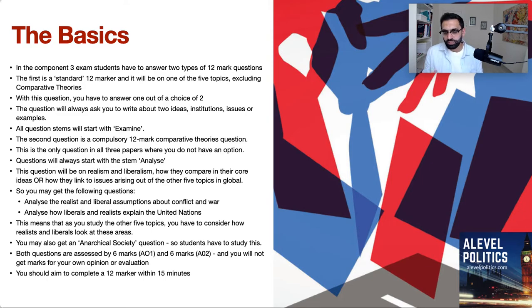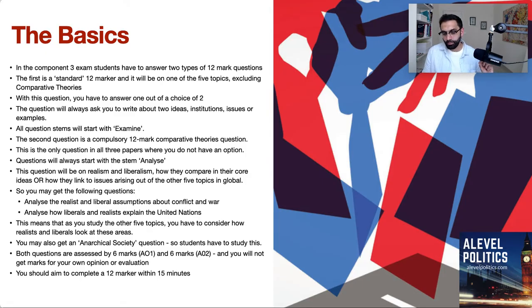Sometimes students come to me and say, do I have to talk about realism and liberalism in a 30 marker? No, you don't. You can do, and it can form your analysis, but you don't have to, right? In a 12, you only have to tackle realism and liberalism in the 12 mark comparative theories question. That is where it counts.